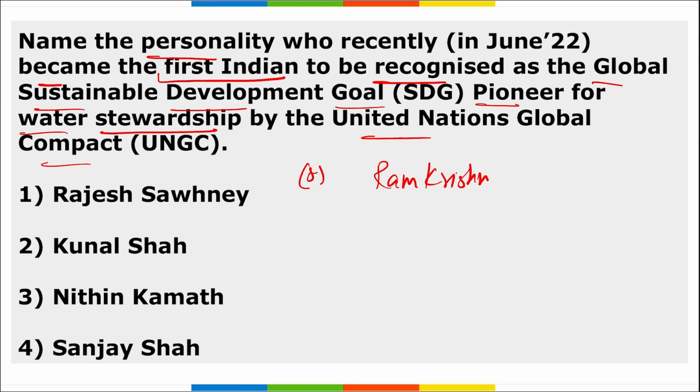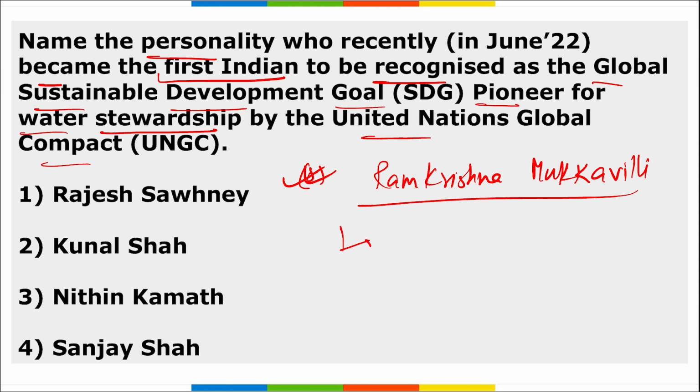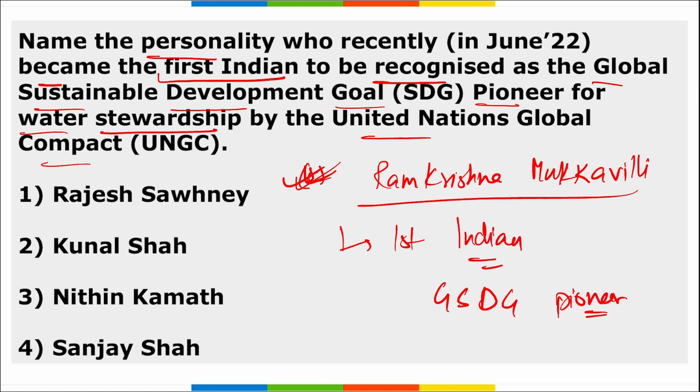Ram Krishna Mukavli became the first Indian to be recognized as the Global Sustainable Development Goal Pioneer for water stewardship by the United Nations Global Compact. Alright, he is the founder and managing director of Maitri Aquatech, a Make in India company. So the correct option here is Ram Krishna Mukavli ji.